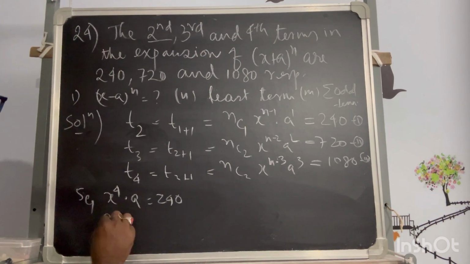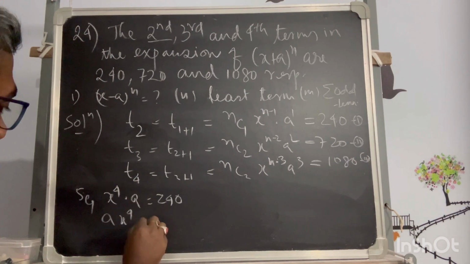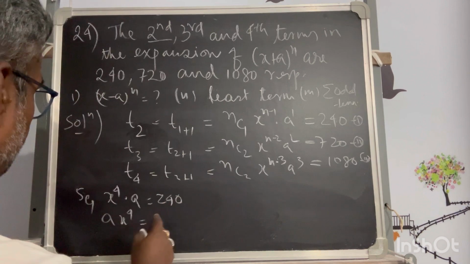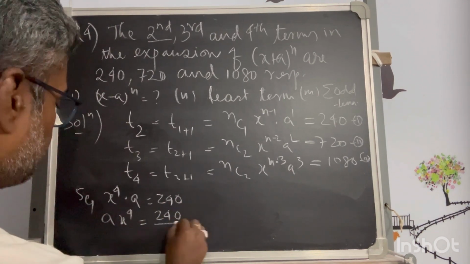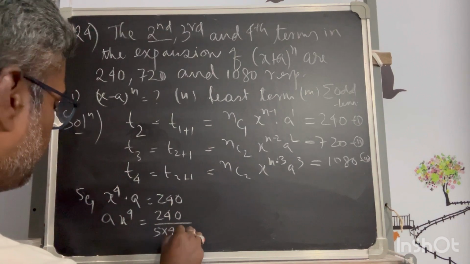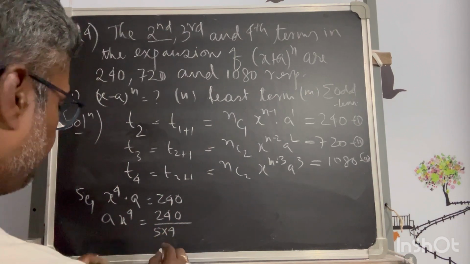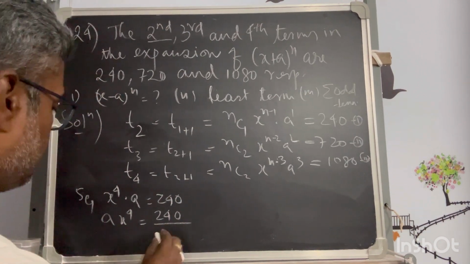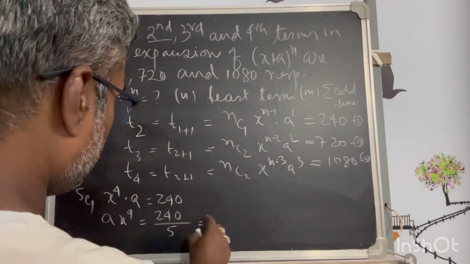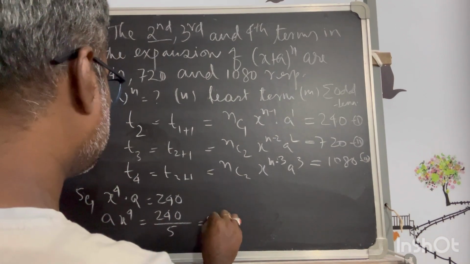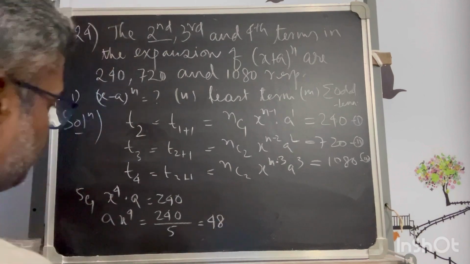So a x to the power 4 you are getting as 240 by 5C1, that means 5 only, so that is equal to 5 4s are 20, 5 8s are 48.